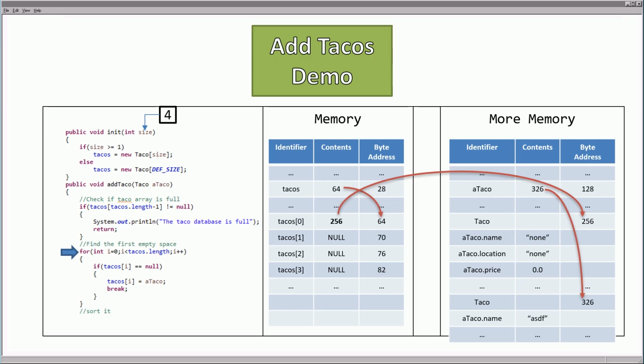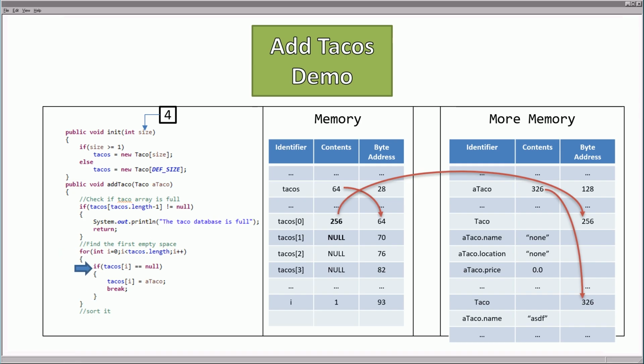If we're going to add another taco, now in this case, the parameter aTaco simply holds the memory address 326. We start index i at 0. Tacos at index i, well, this is not null. This refers to memory address 256. So we increase i by 1, and now i is equal to 1.